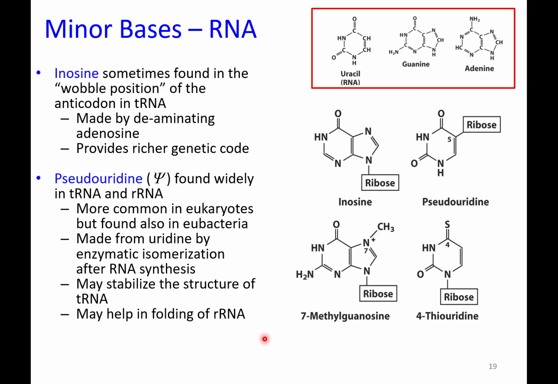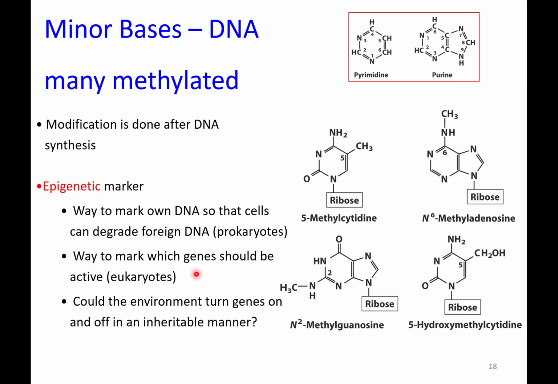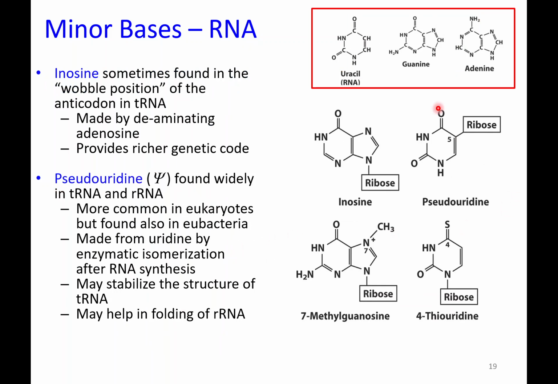And then we have some others down here that may or may not see examples of in the class. Probably not. The more important ones to remember would be the methylated versions here, and then these two minor bases.